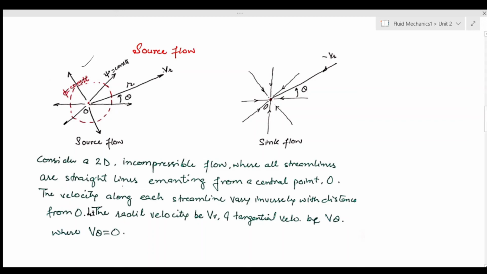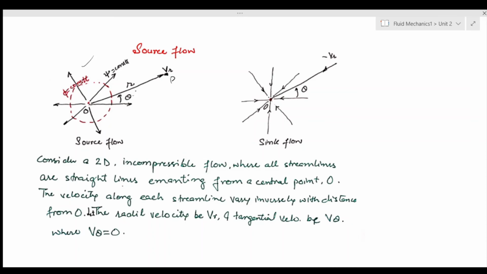I have taken a point, let's say a point P, which is located at a distance r radially and at an angle theta from, let's say, the x-axis. As you move along a radial direction along r, the velocity is going to change. So if r equals r1, then velocity would be vr1.